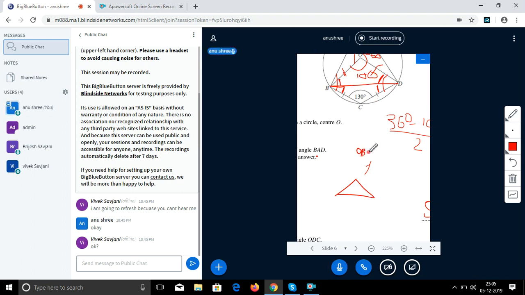Directly, if you want to make angle B equal to angle D, you can say OBCD is a kite, and in a kite these opposite angles are equal, but not these angles. It's a property of a kite. Or you can divide this into two isosceles triangles. Clear? Okay. Vivek, is this clear? Yes, clear. Okay.